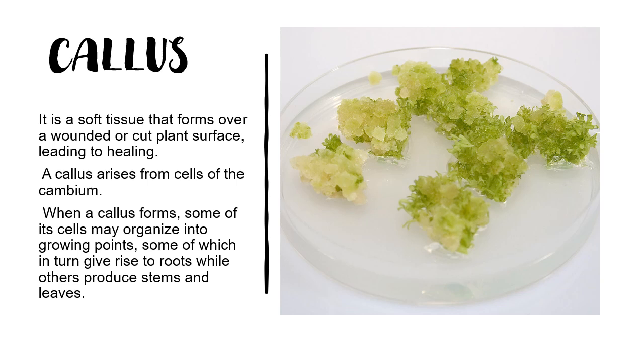That is why a callus is formed first. A callus arises from cells of the cambium, and when callus forms, some of its cells organize into growing points, some of which will in turn give rise to roots, while some of them will produce stem or leaves.